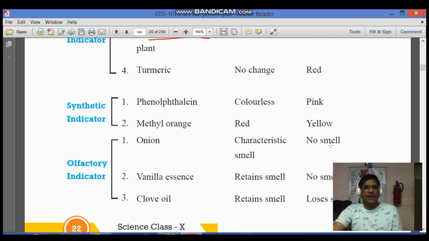Now the synthetic indicator that we mostly use is phenolphthalein. When acid, HCl, is there and we add phenolphthalein, there is no change.